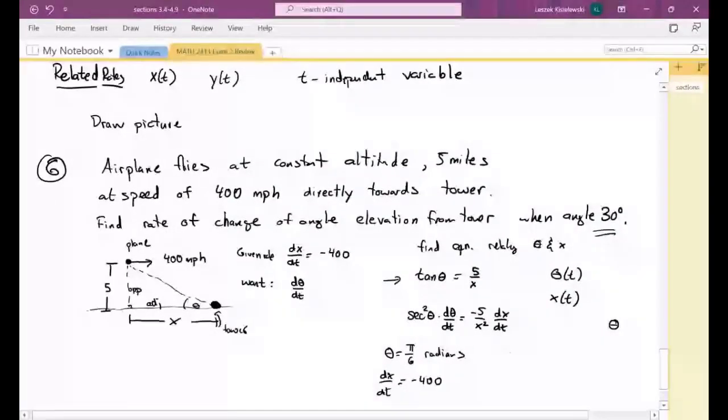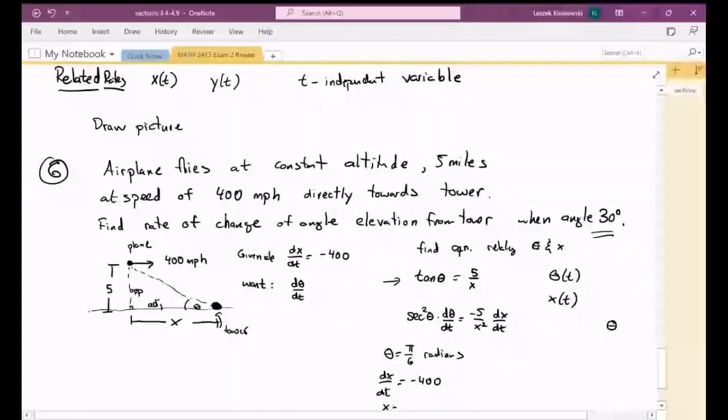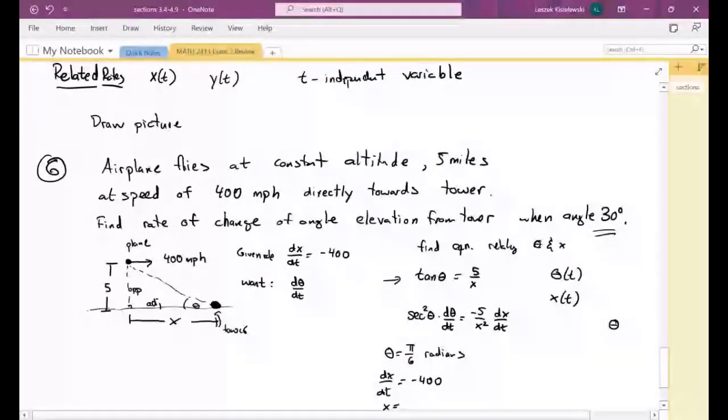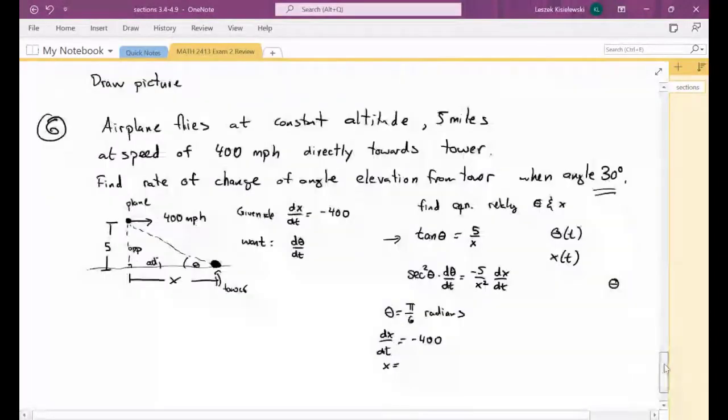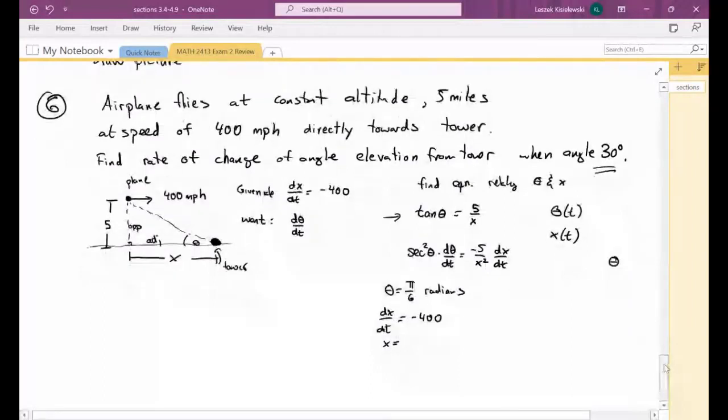What is x? How do we find x? I'll highlight the unknown, but there's still theta, d theta dt, and then x. We don't know x, so how do we figure that one out?